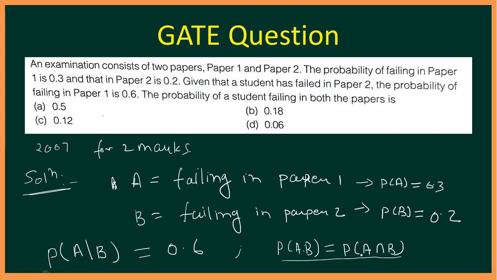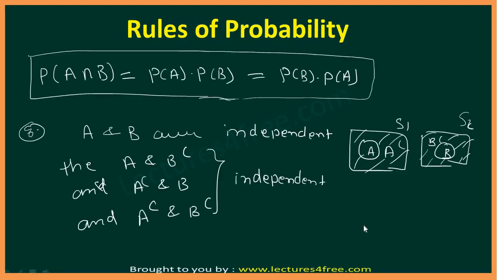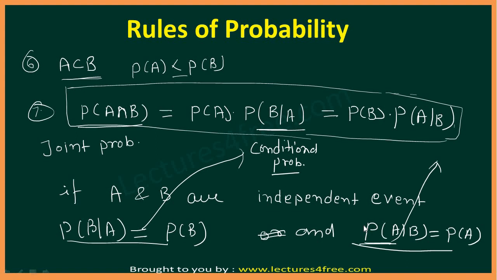As we have seen in rule number 7 from my earlier lecture, probability of A intersection B is probability of A and the probability of B given A, or probability of B and probability of A given B. Here P(A|B) is given, so we apply the second formula: probability of A intersection B is probability of B multiplied with probability of A given B. It is conditional probability.